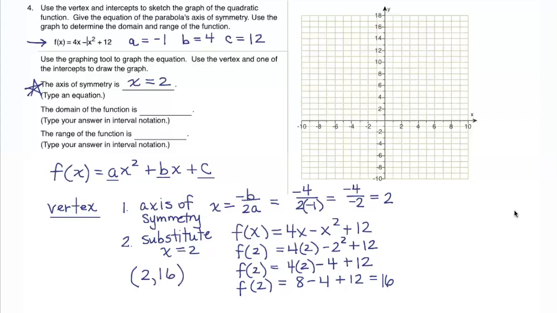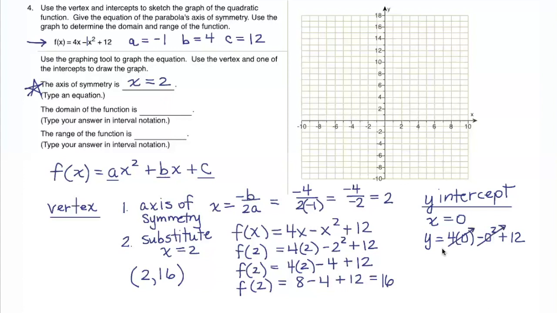All right, now I need intercepts because I need some other points in order to be able to graph. The easiest intercept to find is always going to be the y-intercept. Here's why. To find the y-intercept, you substitute x equals 0 into your original equation. Notice what happens. 0 times anything is 0.